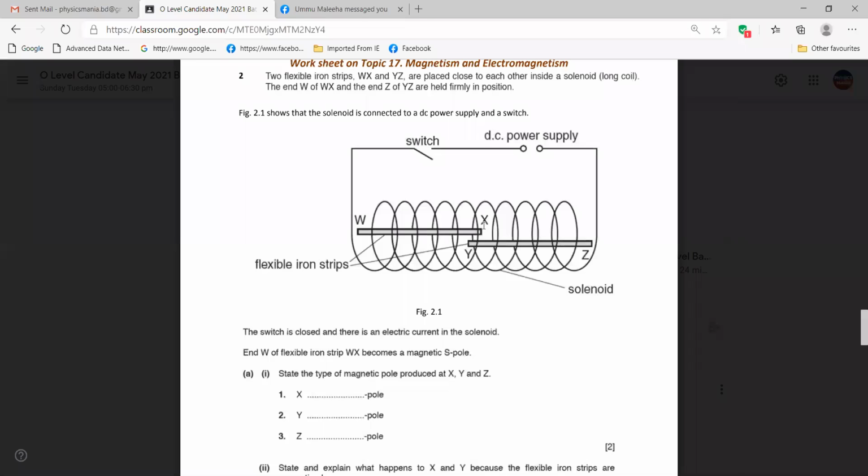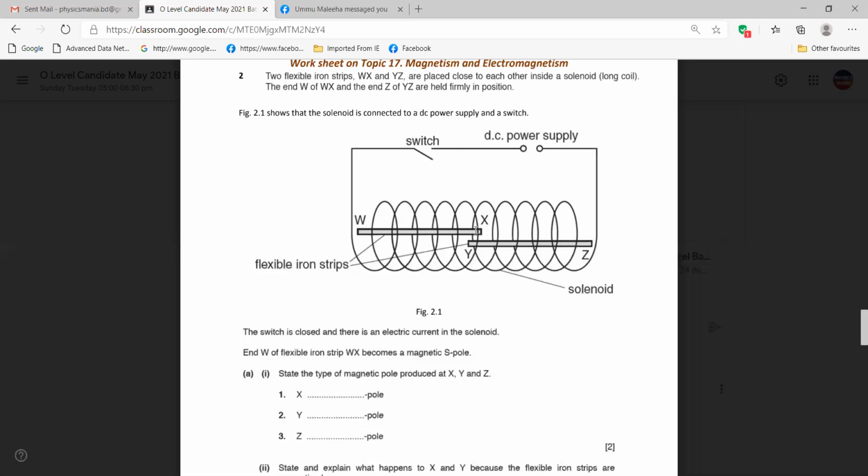I didn't get it. Because it's a single bar only, right? A single stick of iron only. So if one side is becoming the south pole, the other side will be the north pole. It is the property of any magnetic strip or magnetic material: if you magnetize it, one side will be the north pole and the other side the south pole.